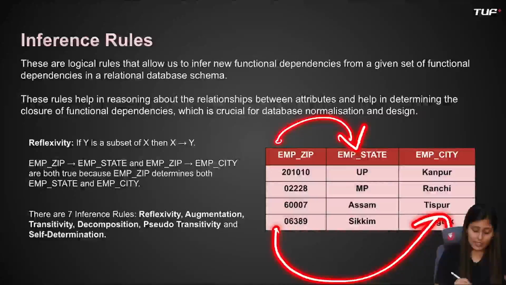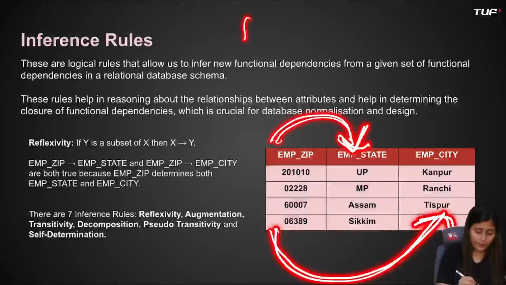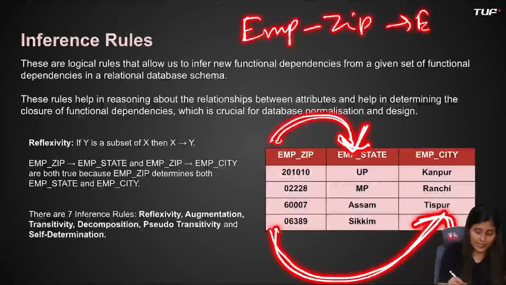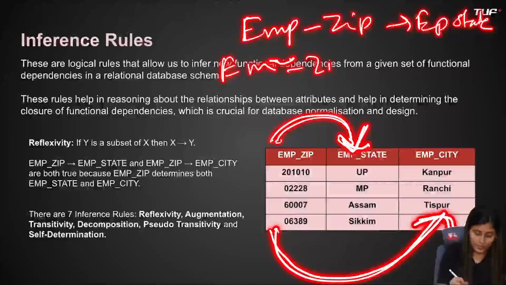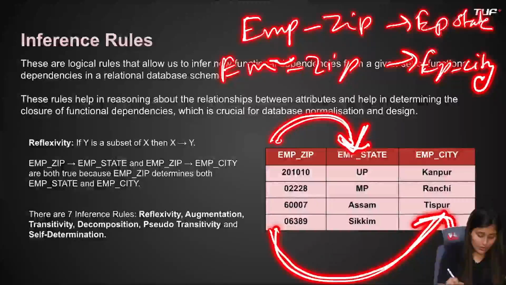So if zip determines state, and zip determines city, that is what reflexivity says.